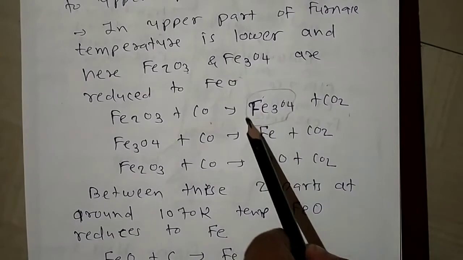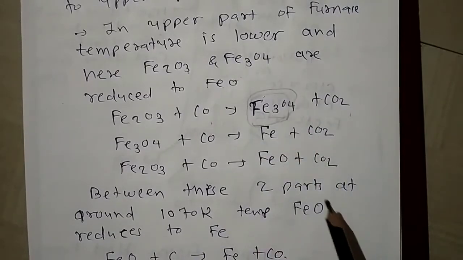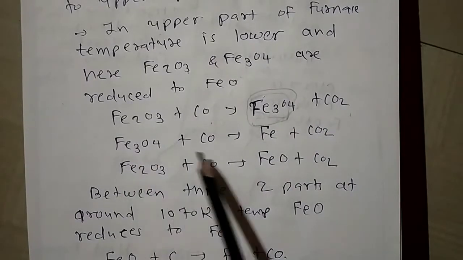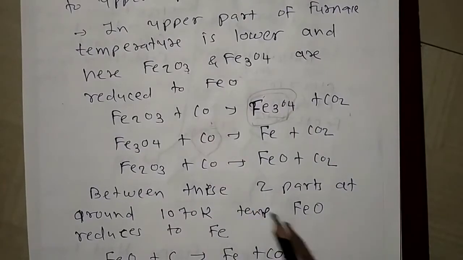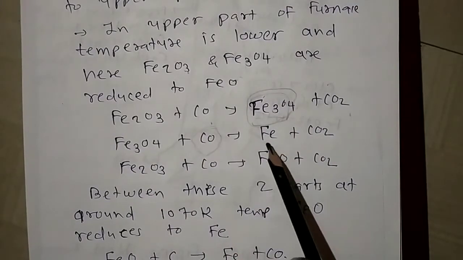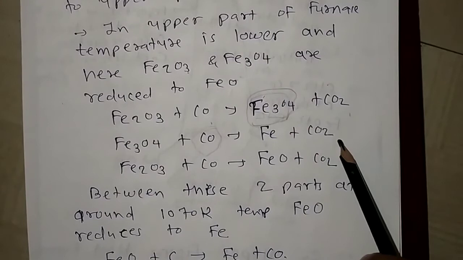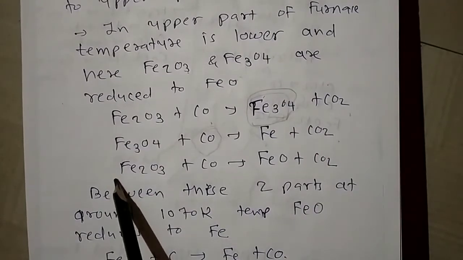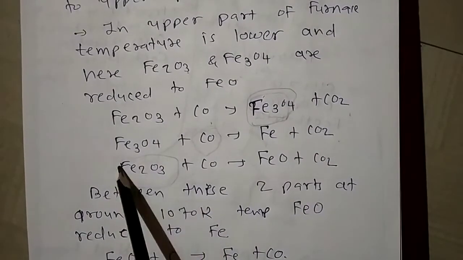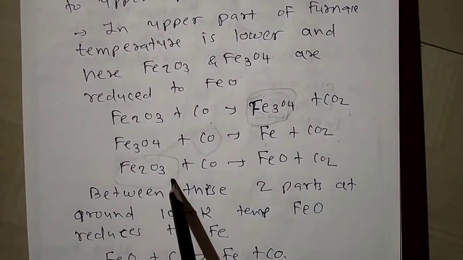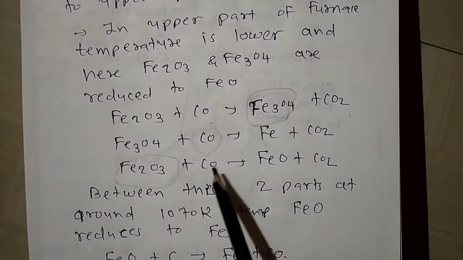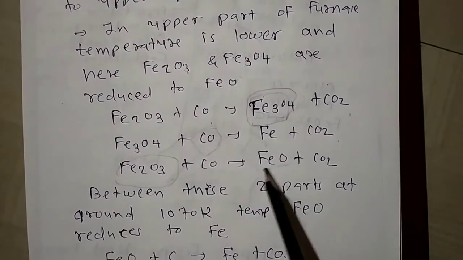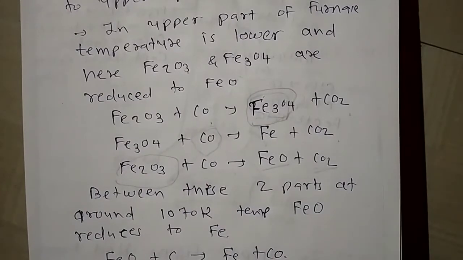Further, this formed oxide Fe3O4 will react with another molecule of carbon monoxide to give FeO plus carbon dioxide. And another reaction is there: Fe2O3 plus carbon monoxide will give FeO plus carbon dioxide.